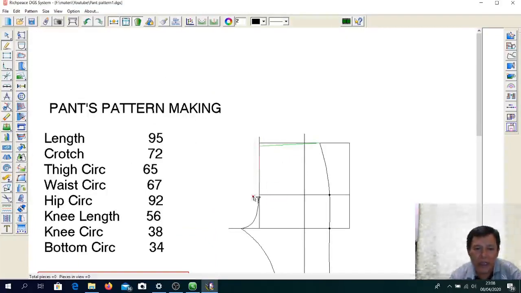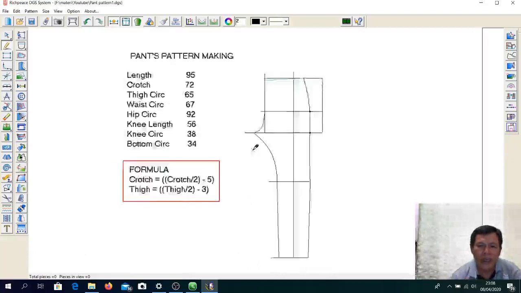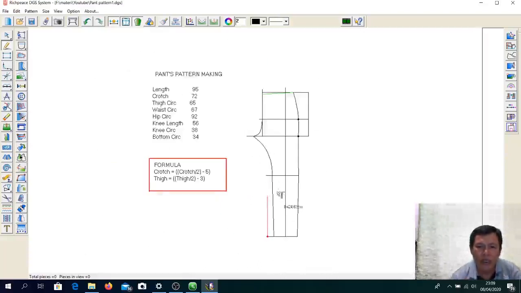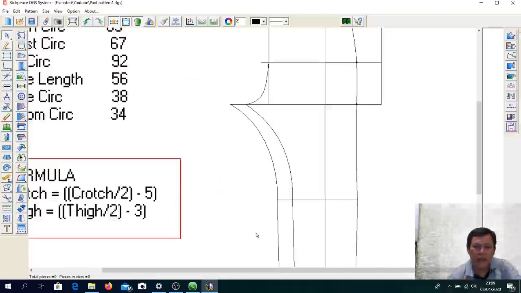In this part also we add 2 cm. Then we just join this one, and this inseam we also modify. Okay, this is better.